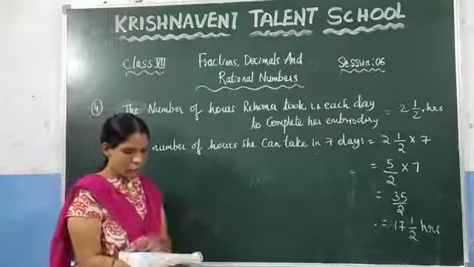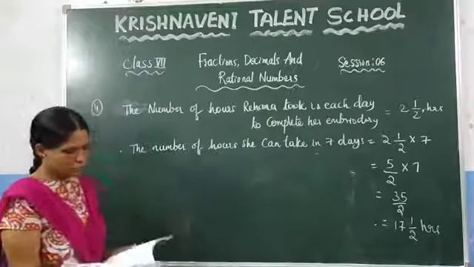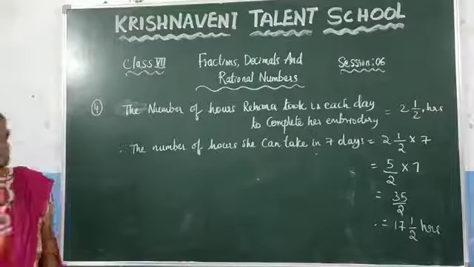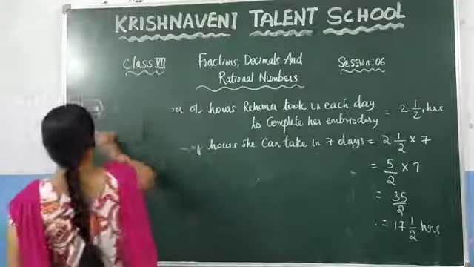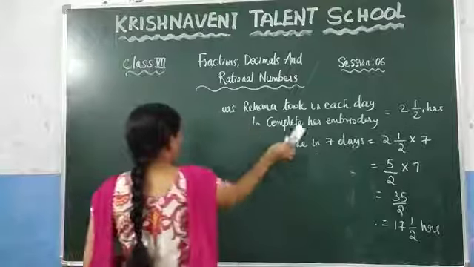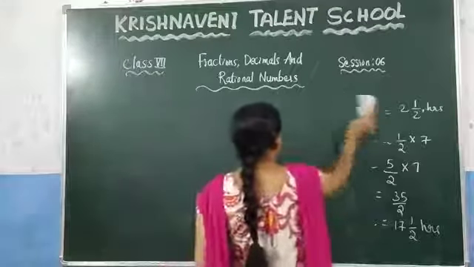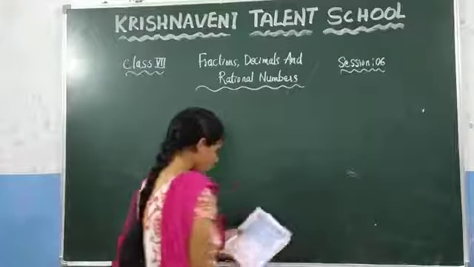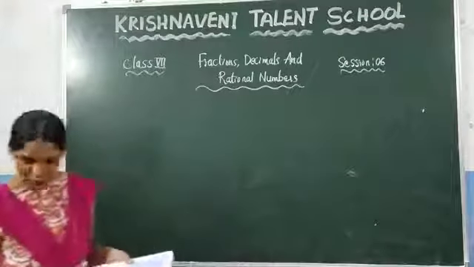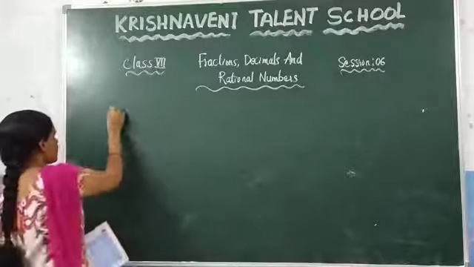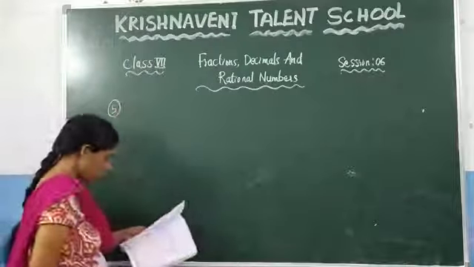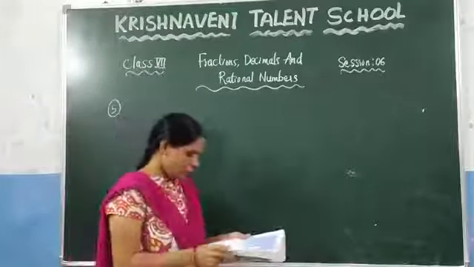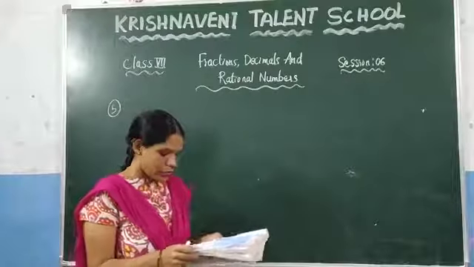Now see the fifth question. The fifth question is similar to the fourth question. I will just explain; you can do it as homework. Here, what they have given is: a truck runs 8 kilometers using 1 liter of petrol.